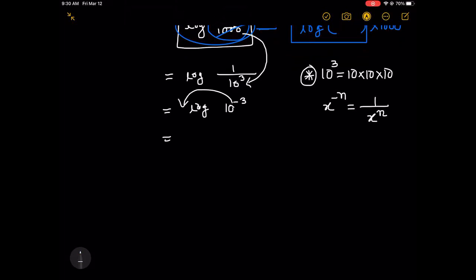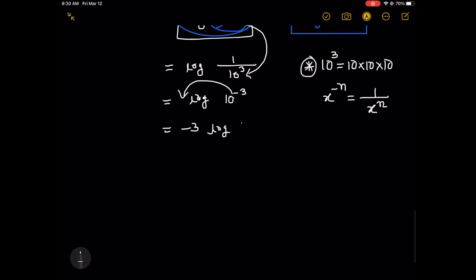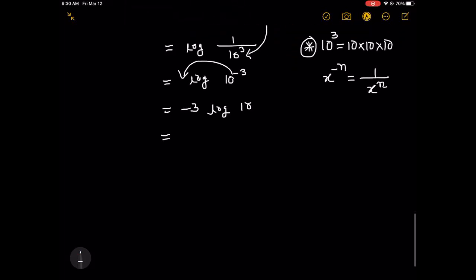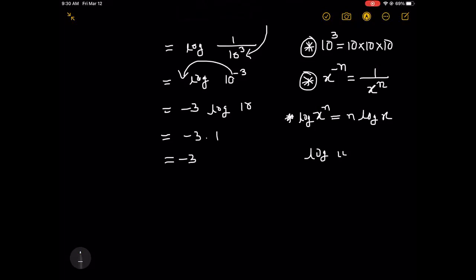And now this exponent will come in front. I'll just take 30 seconds more, bear with me, because we can use the property that log of x to the n is n log of x. That's another property. And we know log of 10 is 1. So that's the last property we want to use. We can see we have used 4 properties here. So the answer should be -3.